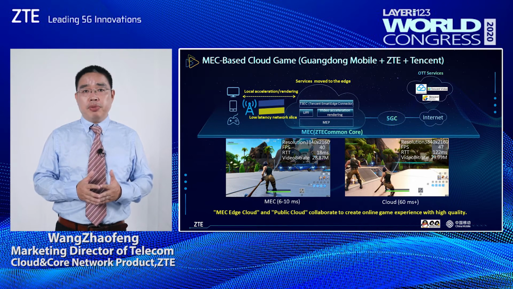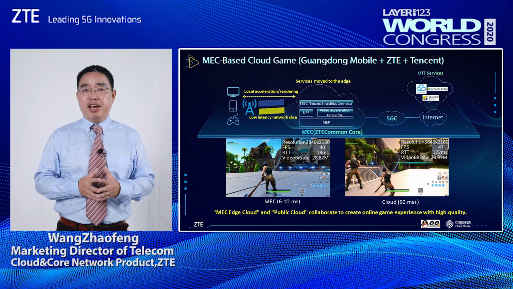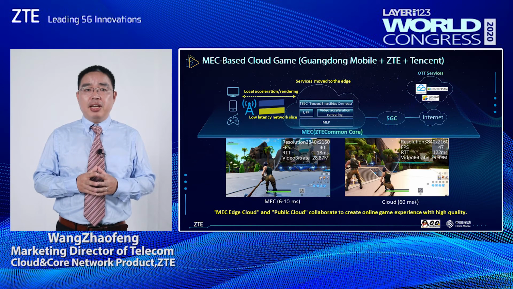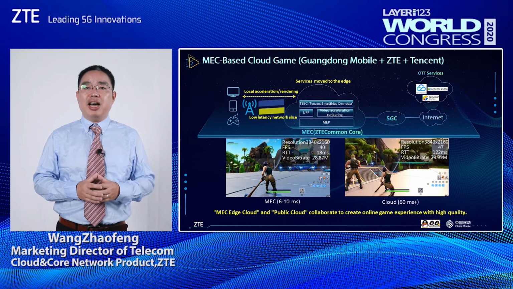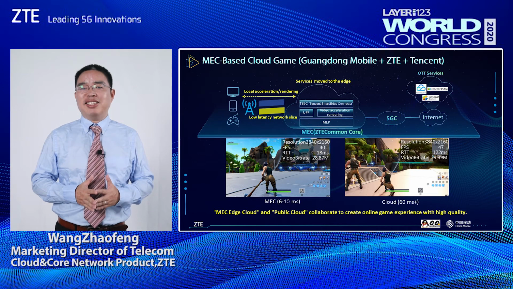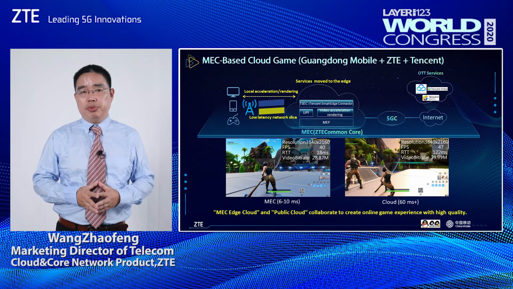In this project, ZTE Common Core is acting as a MEC platform to host the Tencent Smart Edge connector, specific UPF and video acceleration rendering applications. It also provides a low latency network slice to the end user, which guarantees the local video acceleration and game rendering between MEC and end user.